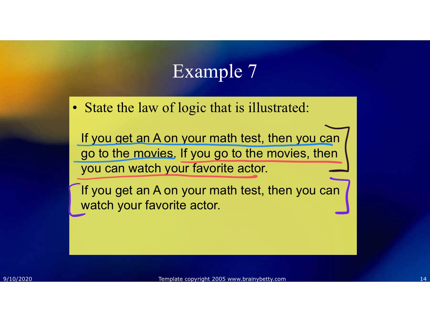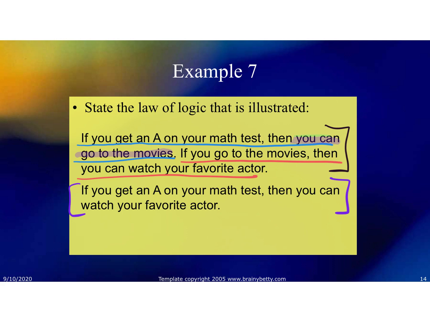Generally, when I see two if-then statements, that's a clue to me that I'm using syllogism. So let's test to see if the conclusion of one is going to cancel with the hypothesis of the other. Here's my conclusion of the first one: then you can go to the movies. You don't need to really look at the word then.